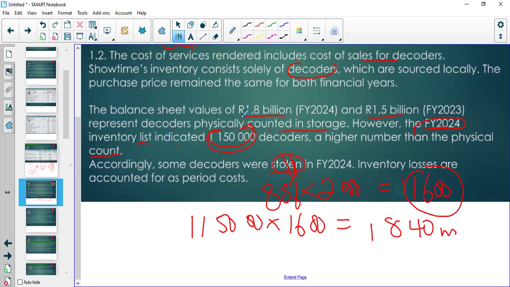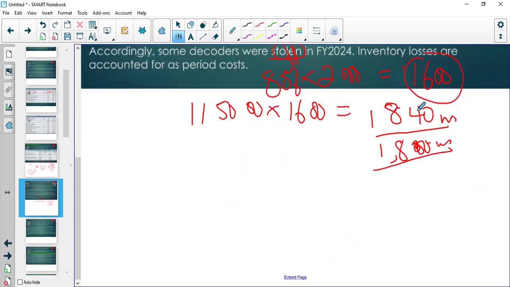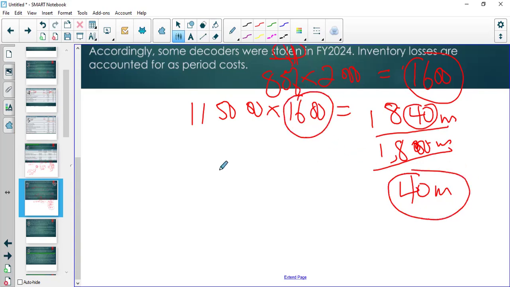So we should have a value of 1,840 million, but we actually have a value of 1,800 million. Which means that we are missing 40 million in valuation. The valuation of what is missing is 40 million, but each is valued at 1,600.